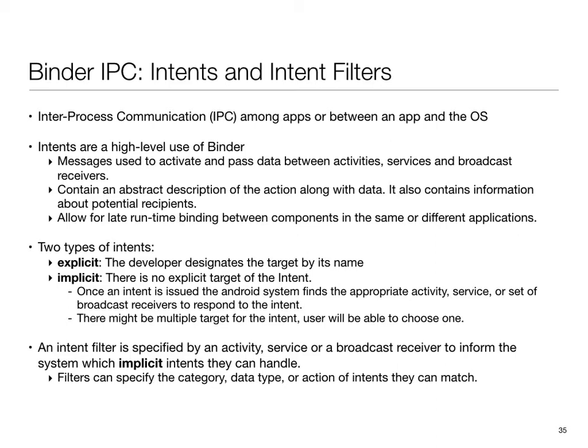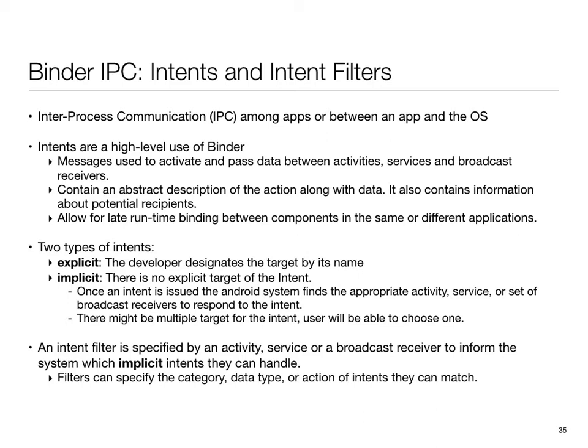They contain an abstract description of what you're trying to do, and they pass along data. You can not only send an intent to start some activity, but also package it with some messages and information. They allow for late runtime binding between components in the same or different applications.